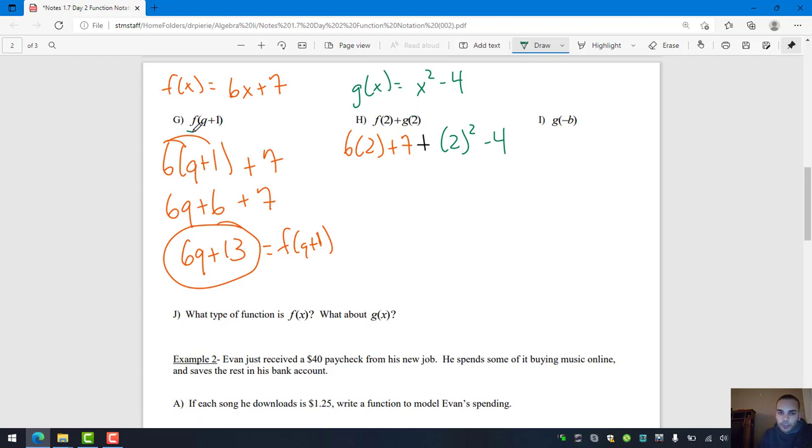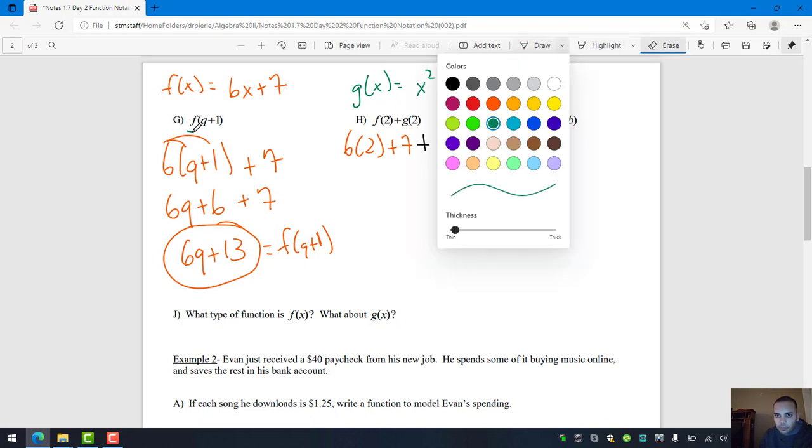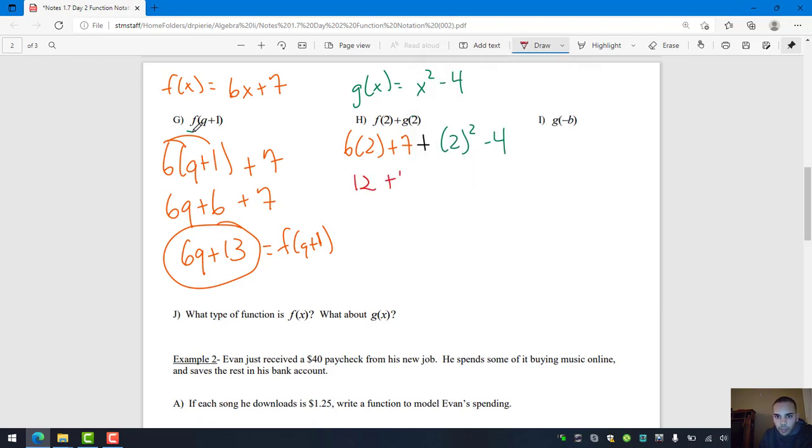Do a little math and simplify. 6 times 2 is 12, plus 7, plus 2 squared, which is plus 4, minus 4. 12 plus 7 is 19, plus 4 minus 4 is 0, 19 plus 0, 19 should be my answer here. All I did is plug in 2 into the f equation, 2 into the g equation, squeezed them together, and then added them.